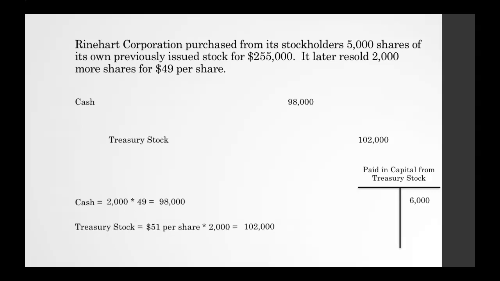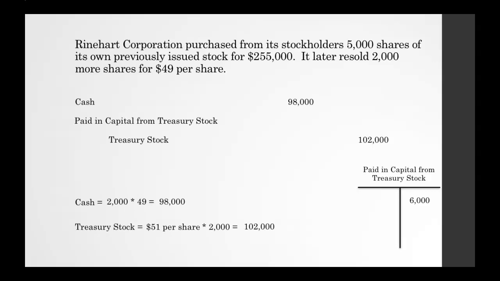So you'll notice we need more on the debit side here. So we'll debit our paid in capital from treasury stock. So we are selling these treasury stock shares for less than what we bought them back for. When that happens, you'll be debiting your paid in capital from treasury stock.